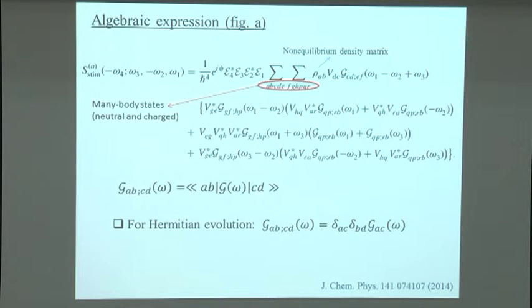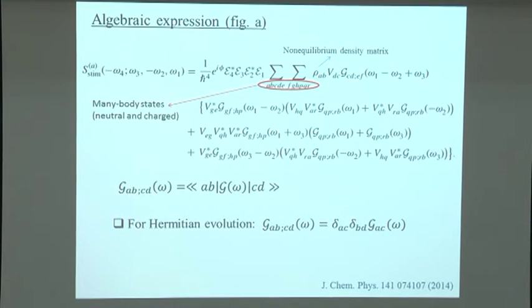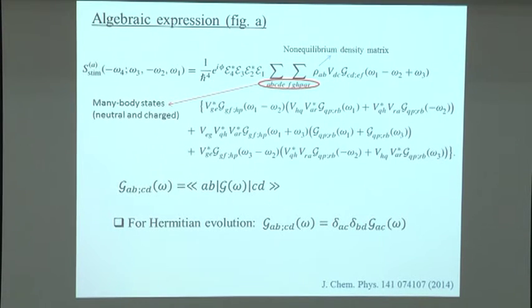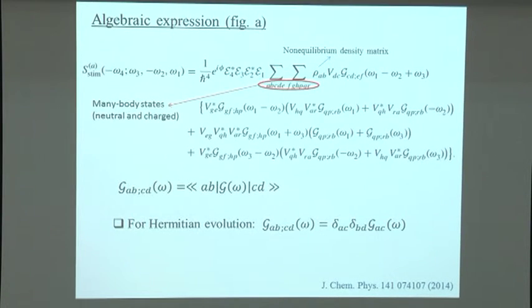For example, any interaction towards the right is a negative frequency, any interaction towards the left is a positive frequency. So this evolution should take place with frequency omega 1 minus omega 2. In the same way you can write down this evolution, which should have this frequency argument. So these are certain rules that you have to keep in mind.